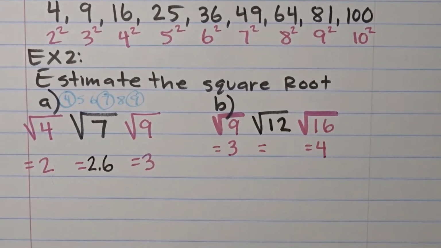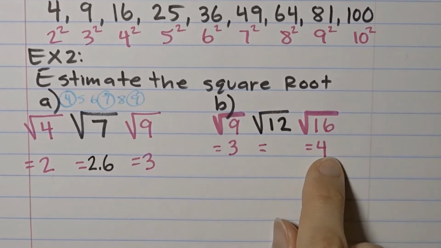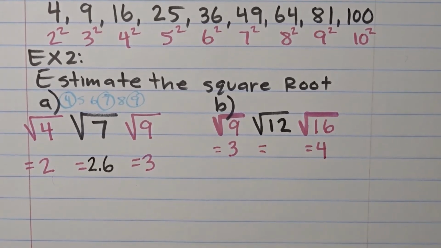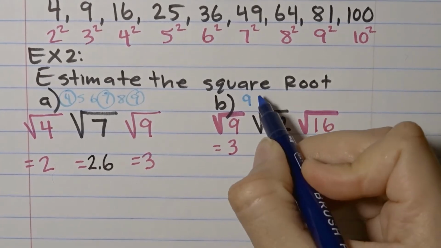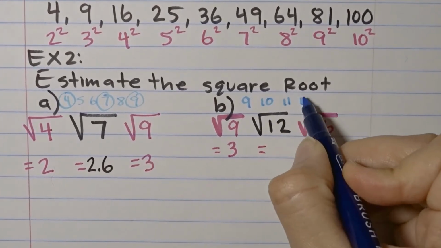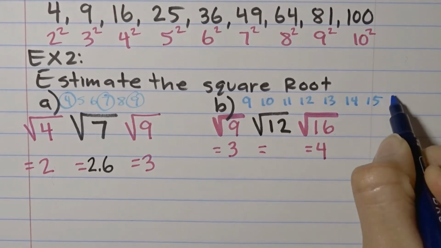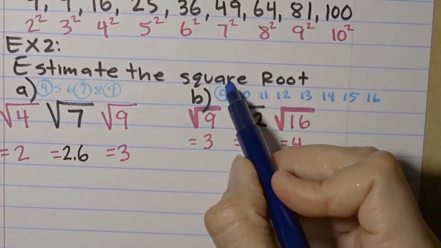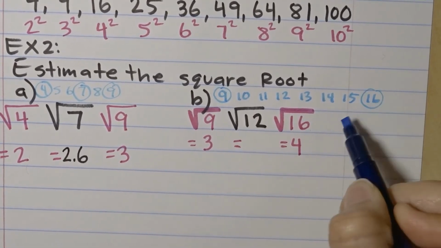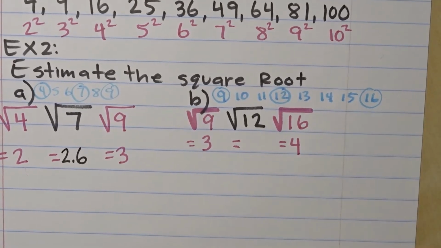Now, let's see. Is 12 closer to the 16, which means I'd have to go closer to the 4? Or is 12 closer to 9, so my answer should be closer to 3? So let's find out. I'm going to write down again all the numbers: 9, 10, 11, 12, 13, 14, 15, and 16. 9 was the one I started with, 16 is my ending number, and I have this one right here, 12.